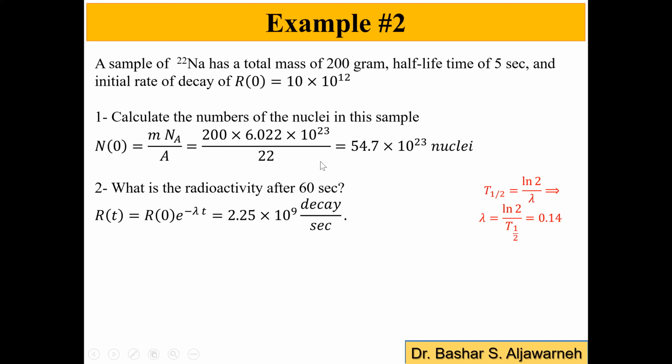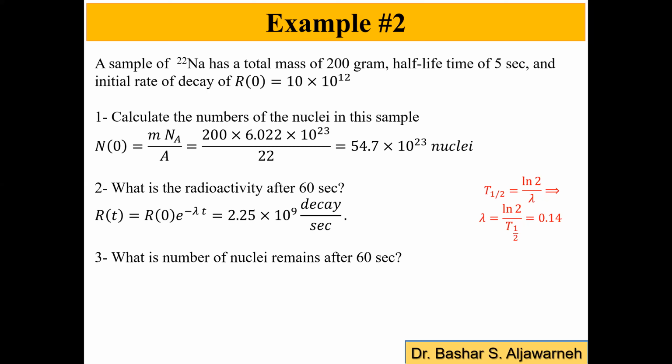Be careful, lambda here is unknown, so you have to calculate lambda using T1/2 equals ln2 divided by lambda. Therefore, lambda is 0.14 in units of 1 per second, because T1/2 is 5 seconds. Take this value and go back to this formula.